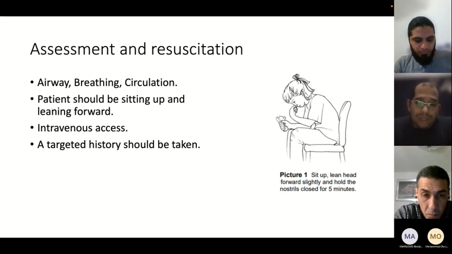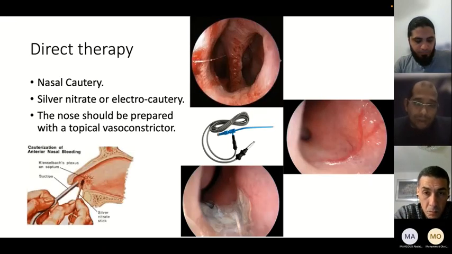If it is something local inside the nose, like trauma, you will use direct therapy. I will come again to the causes.